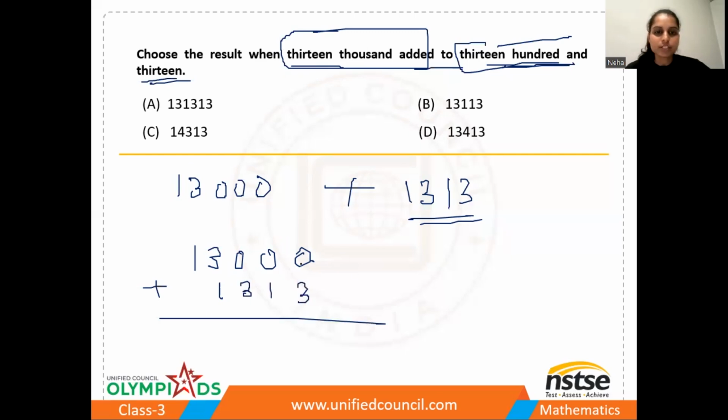Okay, perfect. So this is 3, this is 1, this is 3. This is 3 plus 1, this is 4, and this is 1. So this is 14,313, that means yes, option C is the right answer. Correct? Very good. So this question is also done.